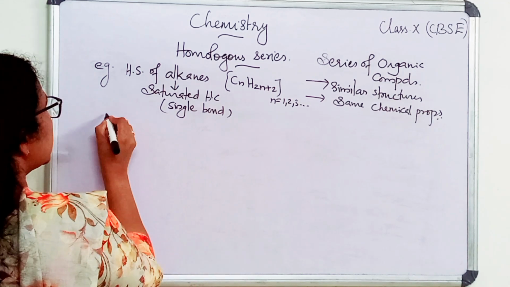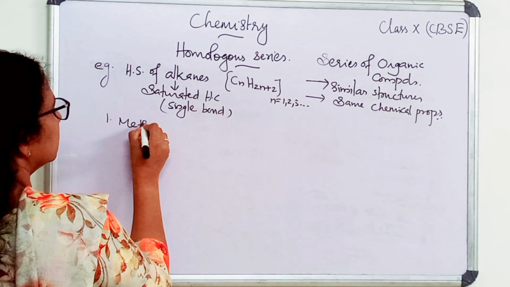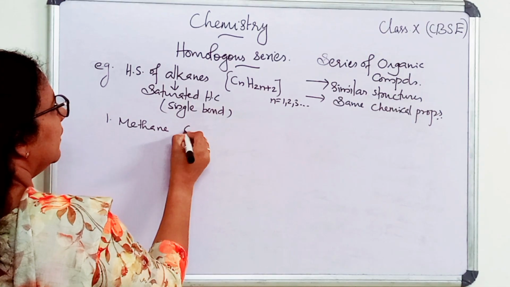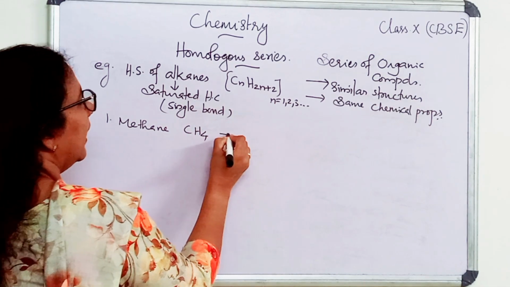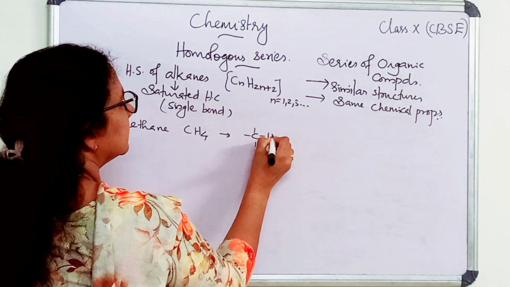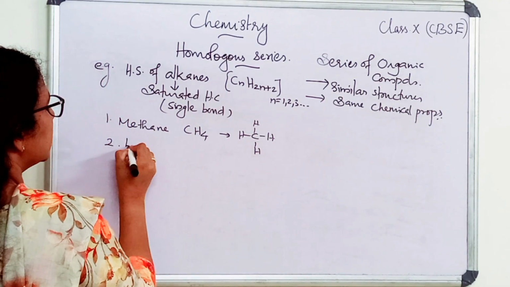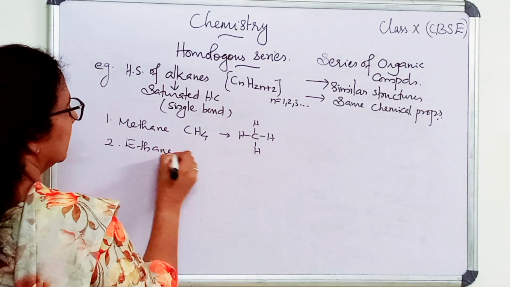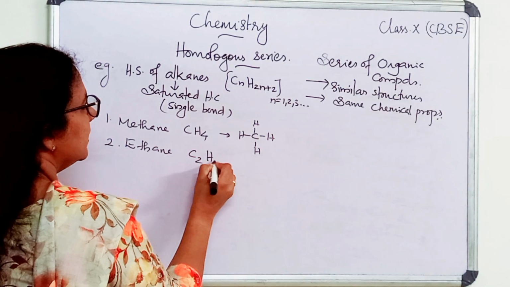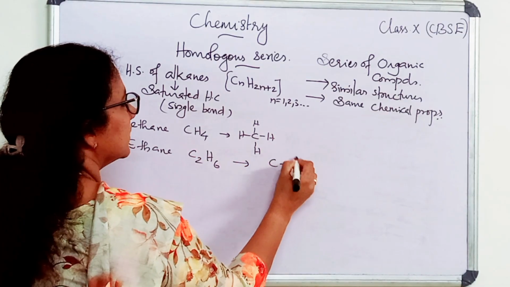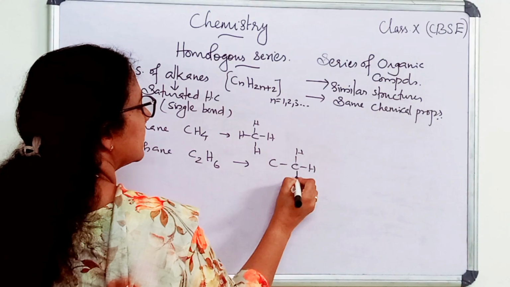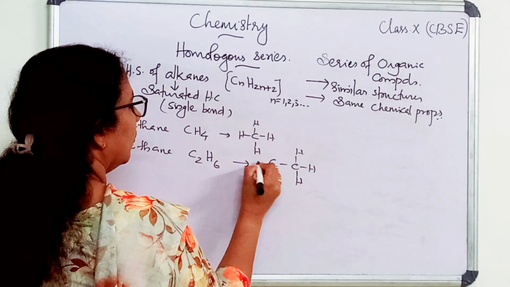And we know that the first member is methane, and the molecular formula is CH4, and the structure is like this. The second member is ethane. The molecular formula is C2H6 and the structure is like this. So this is the structural formula of ethane.